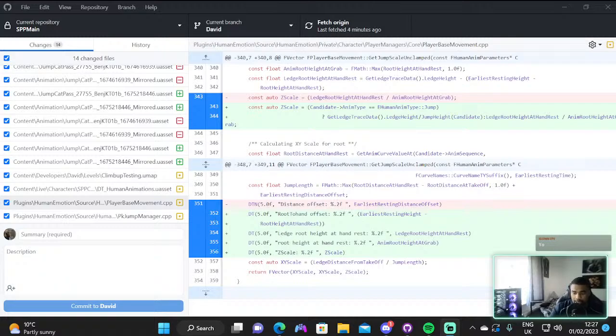But what I'm saying is that the problem is we can't calculate the scale based off of takeoff to hand plant and apply it to the entire animation in terms of Z, because the takeoff to hand plant scale will be more than just how much higher the wall is that I'm jumping. We don't calculate the scale takeoff to hand plant. We calculate what is the scale of the whole motion that will bring the hand plant to that particular point.